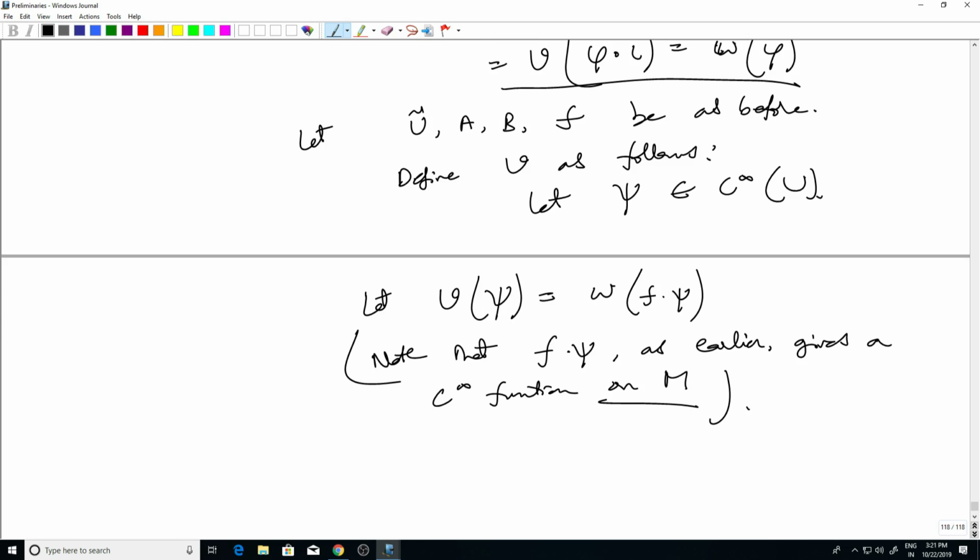And moreover, inside the open set A, F multiplied by C is equal to C. So I define something like this: let V of C be equal to this.